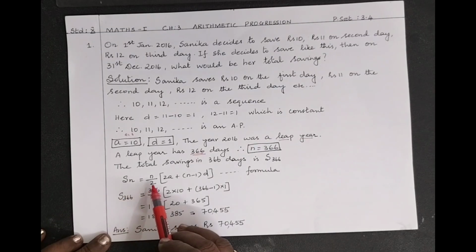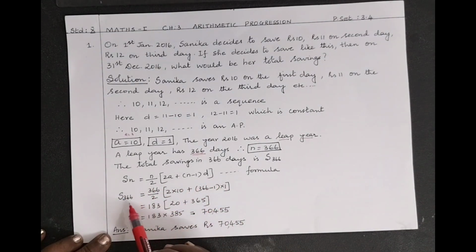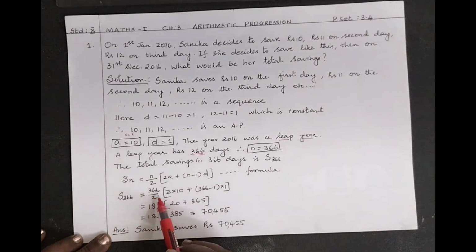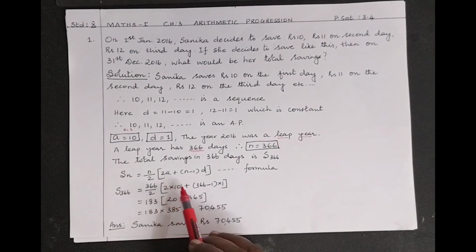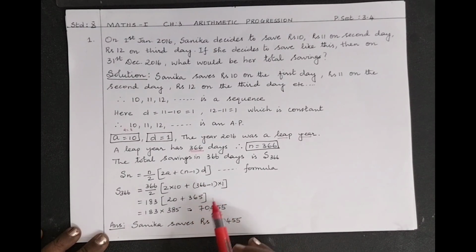Sn equals n upon 2 into 2a plus n minus 1 into d. Next substitute the values. Therefore S366 is equal to 366 divided by 2 into 2 multiplied by 10 plus 366 minus 1 into 1.